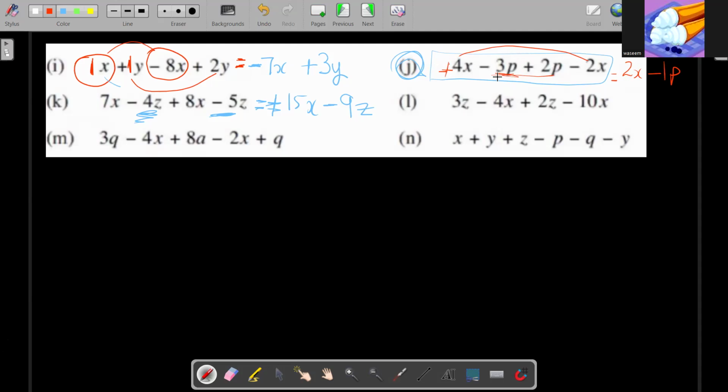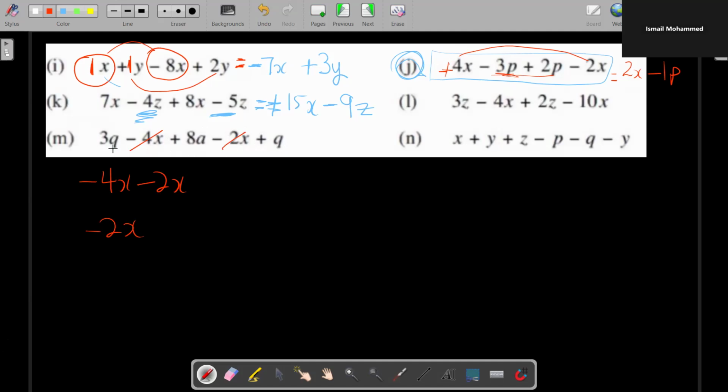Ismail, part M. So first you have the x's because that's the easiest group. So negative 4x minus 2x is equal to negative 2x. So you group this and this, and the others don't have anything to group.